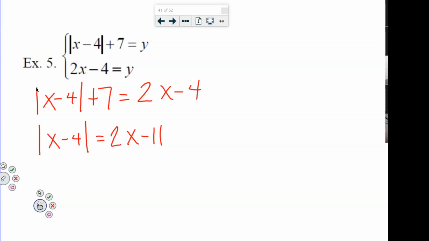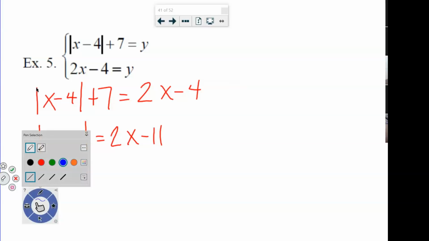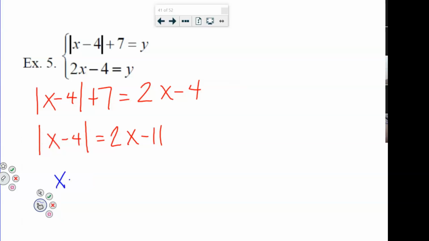You might have an extraneous solution if you get absolute value to equal what kind of answer? Right, negative number. So we're going to solve this and then we have to check for extraneous. All right, let's solve. Oh, absolute value. I love absolute value because I get to solve this twice. Original, opposite. Solve it twice.